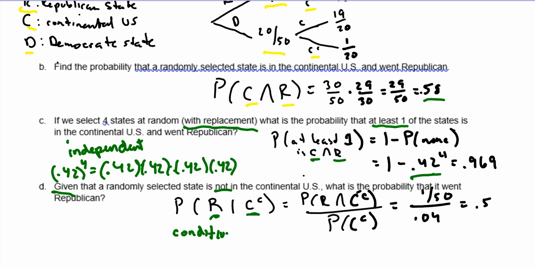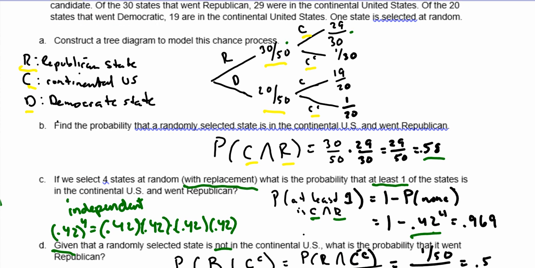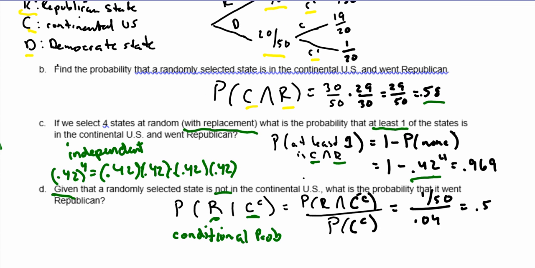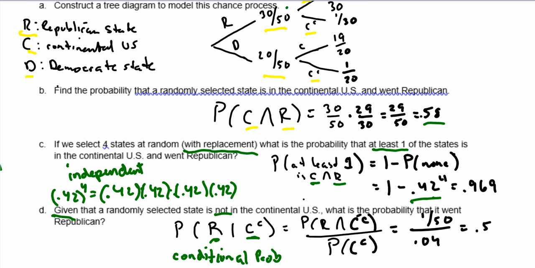We're going to take the probability of being Republican and not in the continental U.S. If you look up here, we take 30 over 50 times 1 over 30, which turns out to be 1 over 50. That's how we got that.